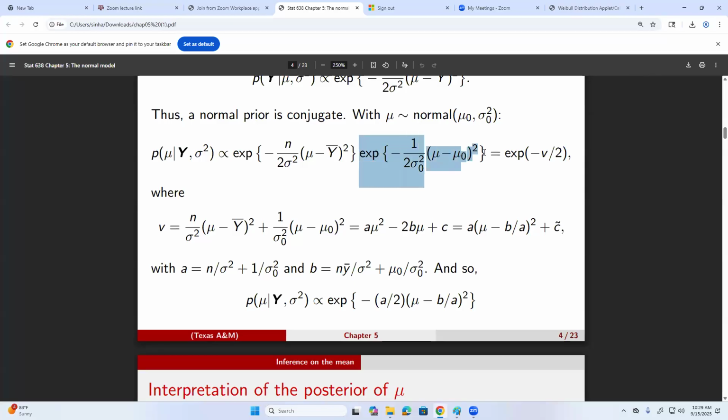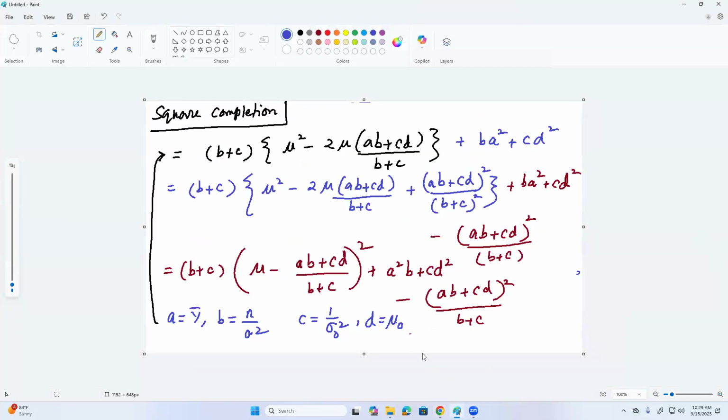This term is the prior density of mu, and we assume that the prior density of mu is a normal distribution with mean mu sub 0 and variance sigma 0 square.